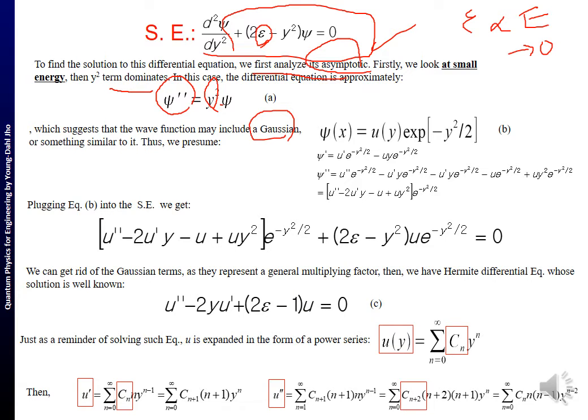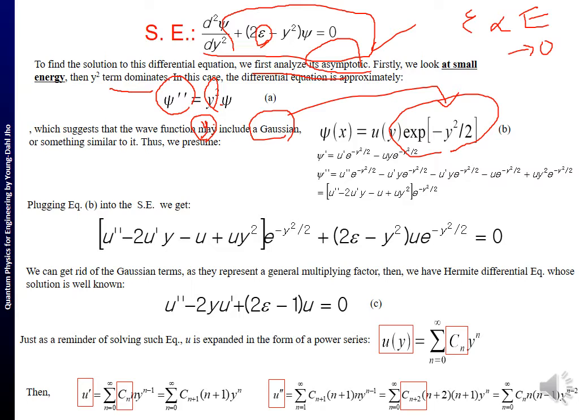So each derivative will induce a linear term. That's the case of the Gaussian. This is a Gaussian: exponential of minus y squared over 2.